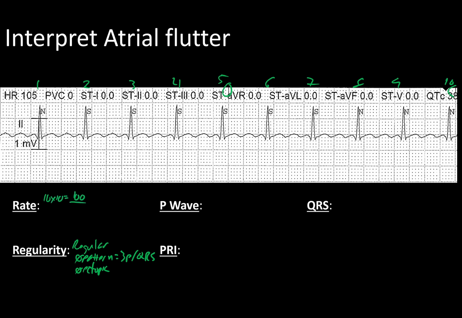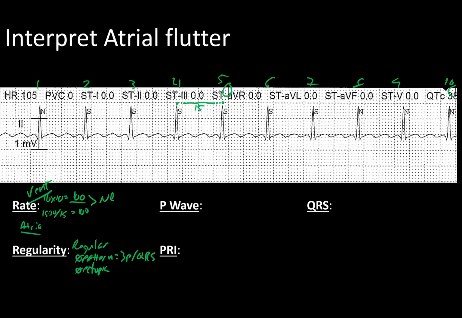Or we can count boxes, and so we'll just count between 4 and 5, where I've got 5, 10, 11, 12, 13, 14, 15 small boxes. It's normal. But again, this is the ventricle. For the atria, I need to measure differently.